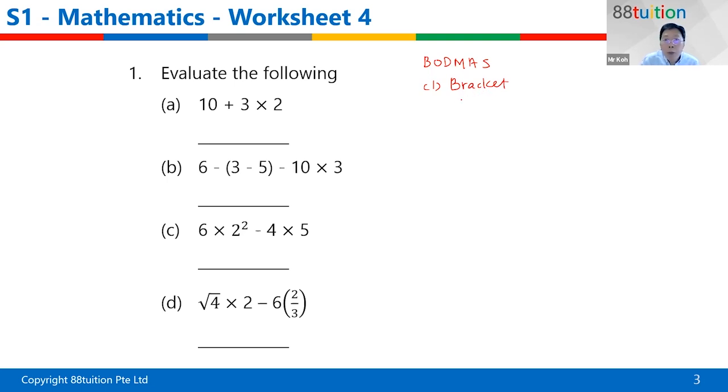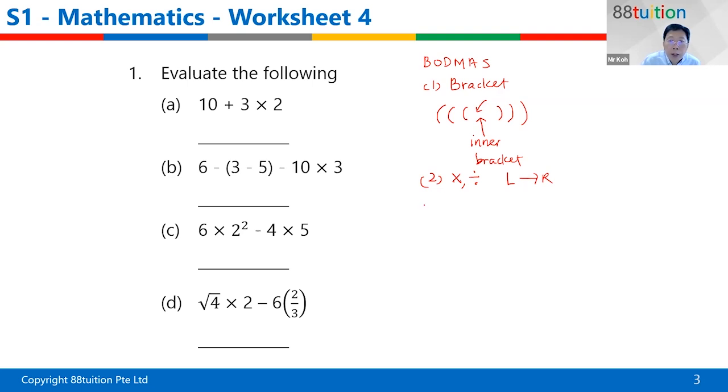What happens if you have more than one bracket, a bracket within a bracket? You will always do the inner bracket first. After you've done the inner bracket, you go on to the next bracket. Then within the bracket itself, you follow the order. The order is multiplication and division, whichever comes first from left to right.